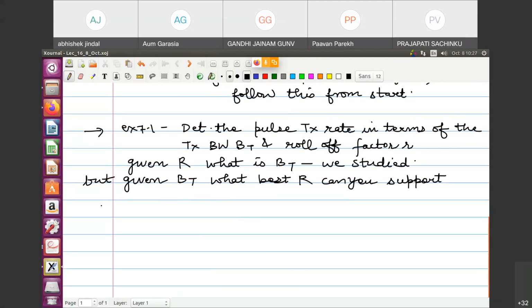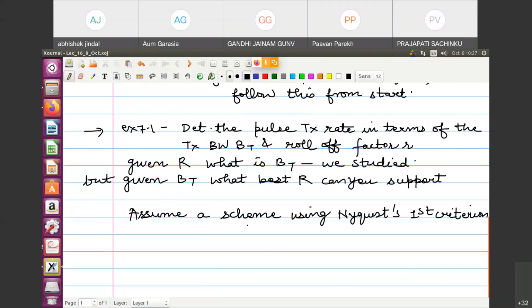So we have to assume a scheme using Nyquist's first criteria.